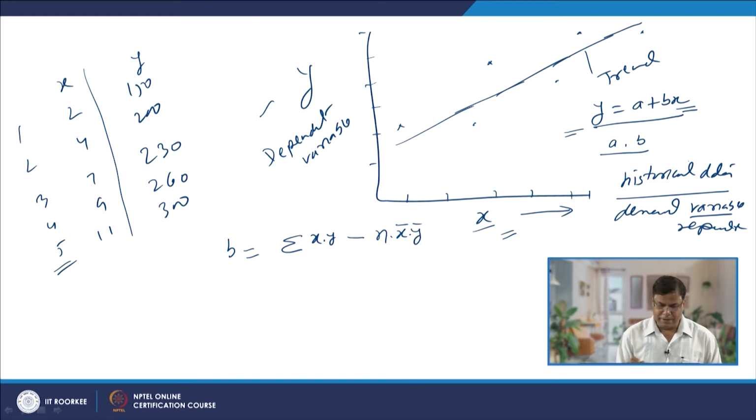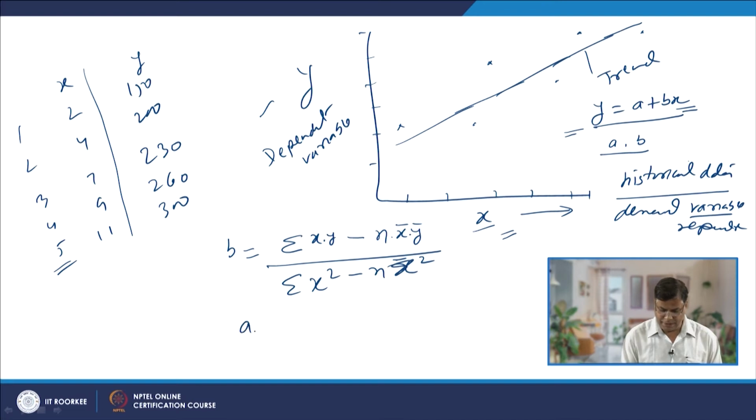That is, the product of the number of data points into average x and average y, divided by the sum of all x square values minus n into x bar square. This is how we calculate b, and a is calculated using y bar minus b into x bar.